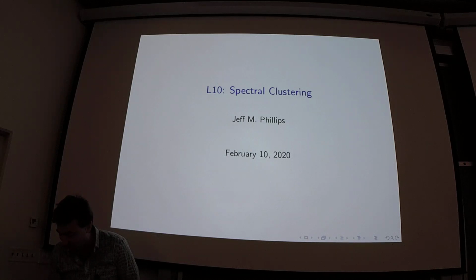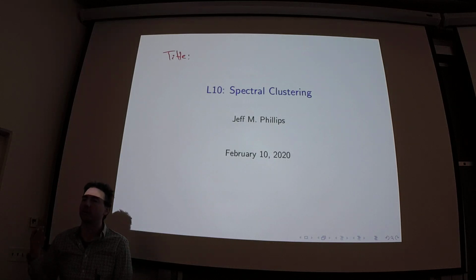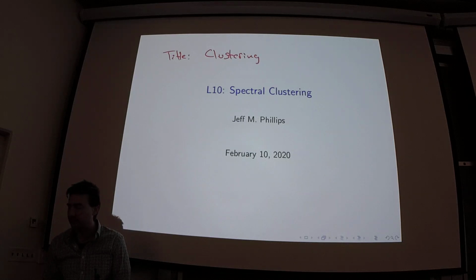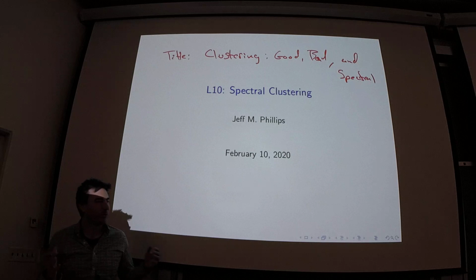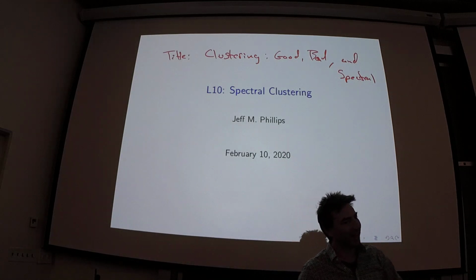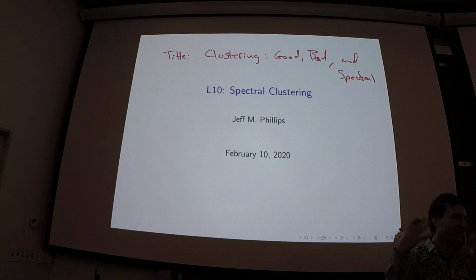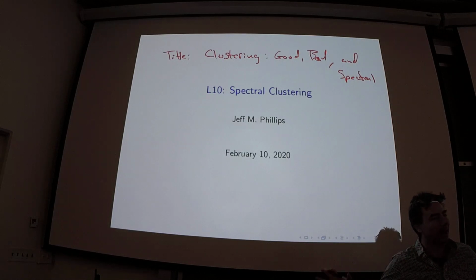There's this famous paper that has a title that's something like good, bad, and spectral. It's arguing, in a not 100% serious way, kind of joking, that in clustering there's the good clustering, there's bad clustering, and then there's spectral clustering, which is this different class of clustering.